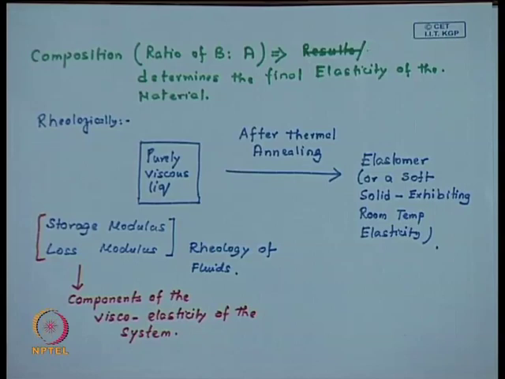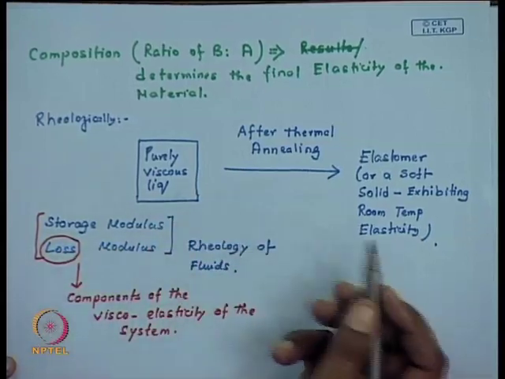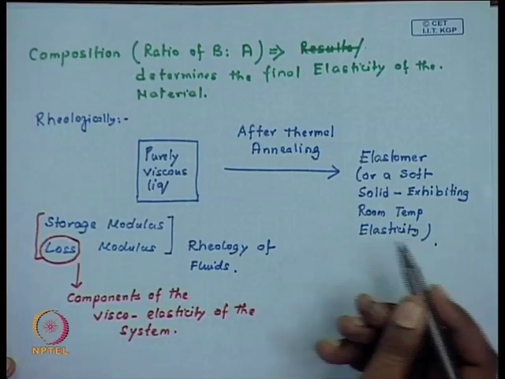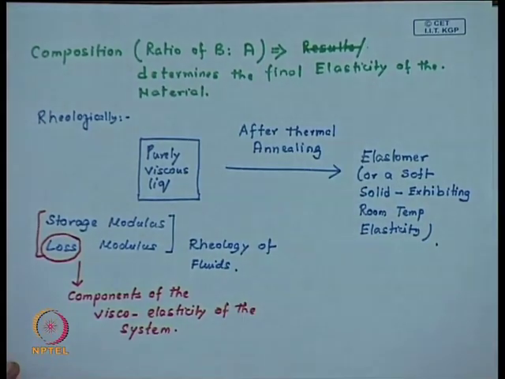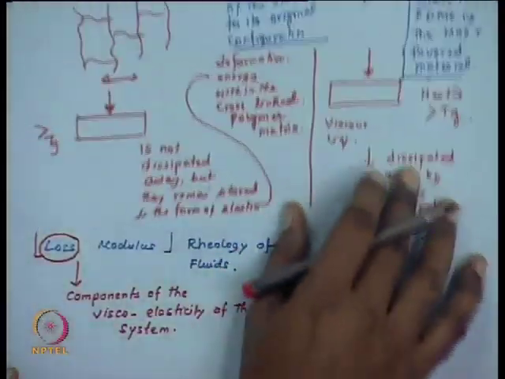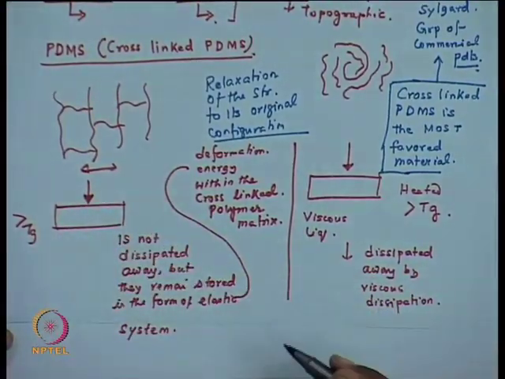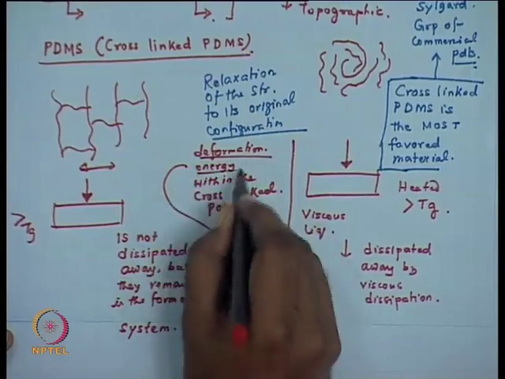So, for a purely viscous liquid, the loss modulus is much higher than the storage modulus, and for an elastic solid, the storage modulus is higher than the loss modulus. This is correlated to this picture. When we talk about deformation in an elastic material, the deforming energy is stored in the form of elastic deformation within the matrix.